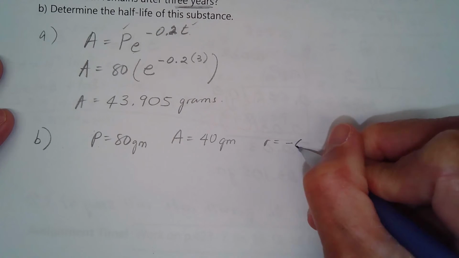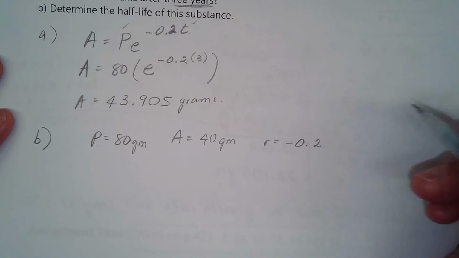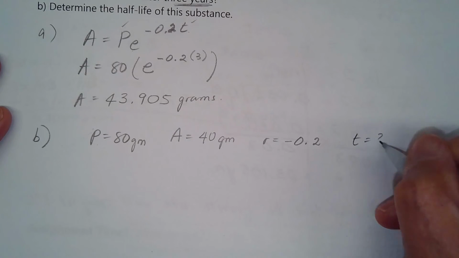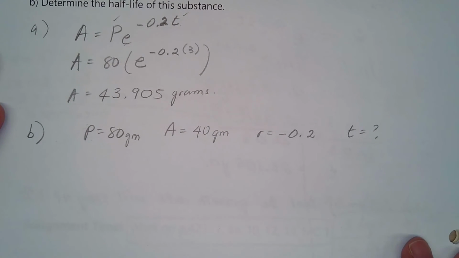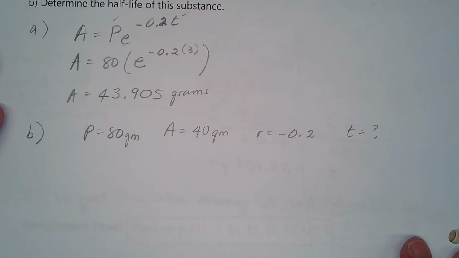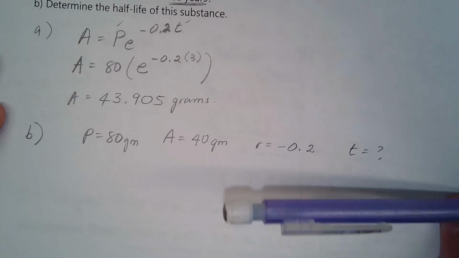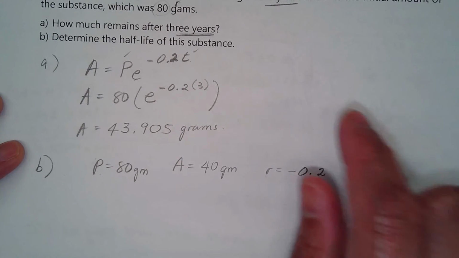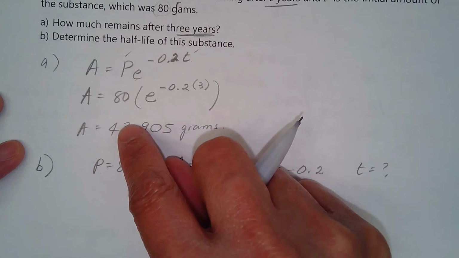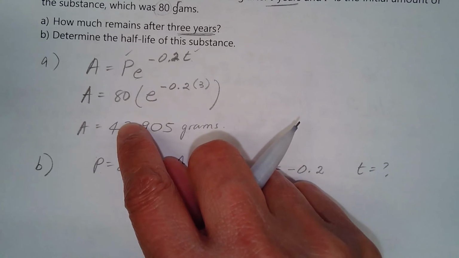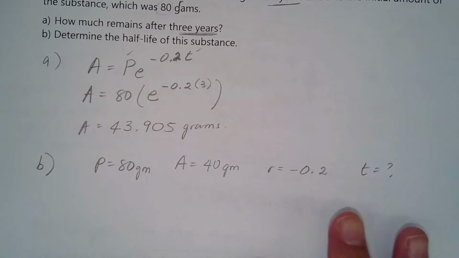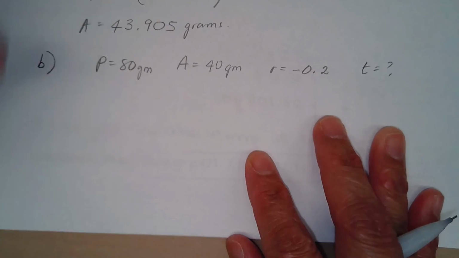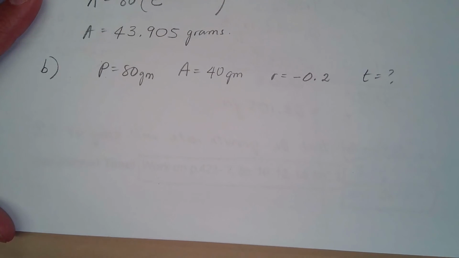R is equal to negative 0.2. But now we want to know how many years it will take for that to happen. You know it's going to be close to 3, because after 3 years it's about 43, so it's going to be 3 point something years. So yeah, it makes sense. But let's figure out the actual time.